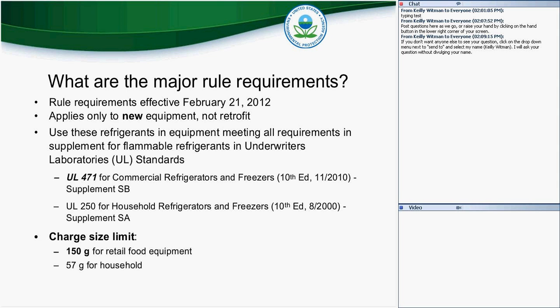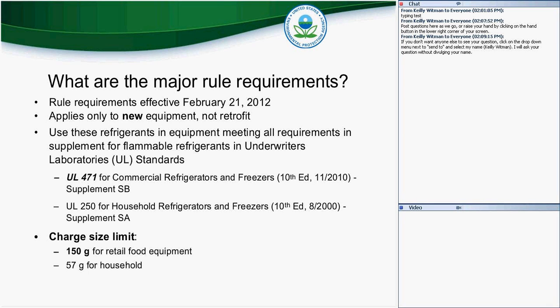There are two big requirements to keep in mind. One is that EPA's rule requires the refrigerants to be used in equipment that meets the requirements for flammable refrigerants in the Underwriters Laboratories Standard UL 471 for commercial refrigerators and freezers.